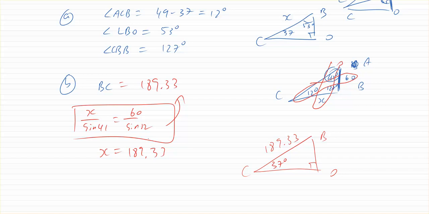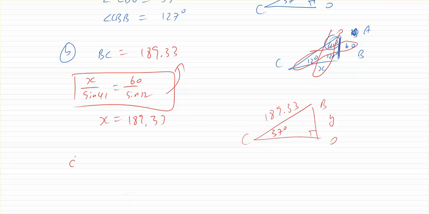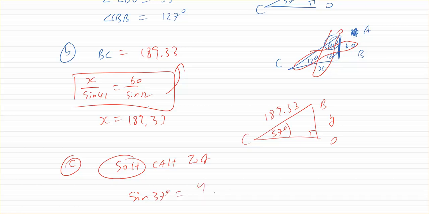We want to work out the height of the hill. We actually don't need to use the sine rule. This is just a normal trig problem because I know what CB equals and I know what angle we have. We have opposite and hypotenuse, so we can use sine. From SOHCAHTOA, we can use SOH.